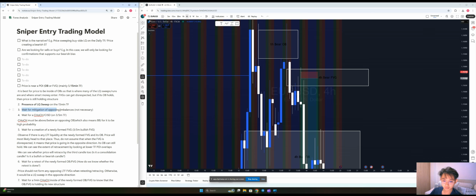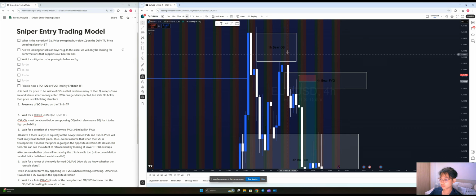For me, it'll be this mitigation of opposing imbalances. So in fact, it is necessary. What's happening here? Price gives us a sharp turn, and during this sharp turn point, it is also reacting off this 4 hour bullish order block to pump price up to the 4 hour bearish order block.